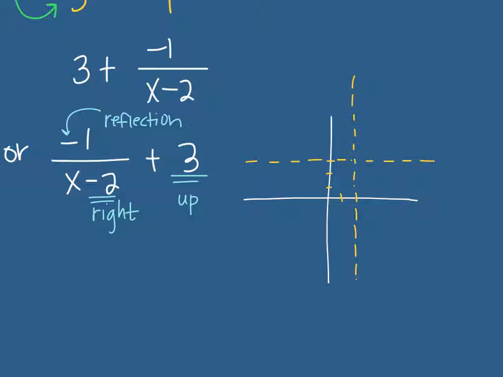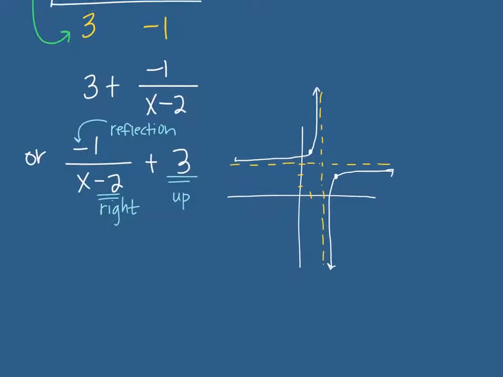And because there's no stretch, it's 1, which is no stretch, but there's a negative reflection, then we know that the dots of our hyperbola are going to be going in those opposite 2 quadrants because of the reflection. And so the graph of that would then be squeezed in between those asymptotes going through that one dot.